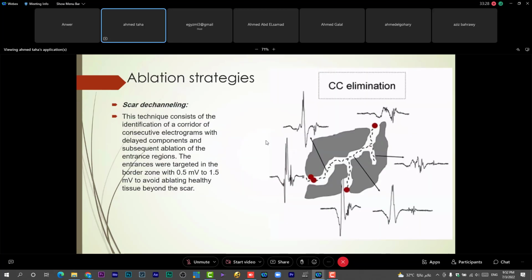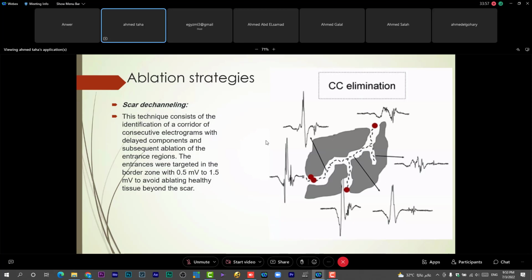There is another technique if homogenization is difficult, especially in large scar, what's called scar dechanneling. So I identify the channels that can be a substrate for ventricular tachycardia and try to ablate either at the entrance zone, isthmus zone, dead points, inner loops, or exit points.